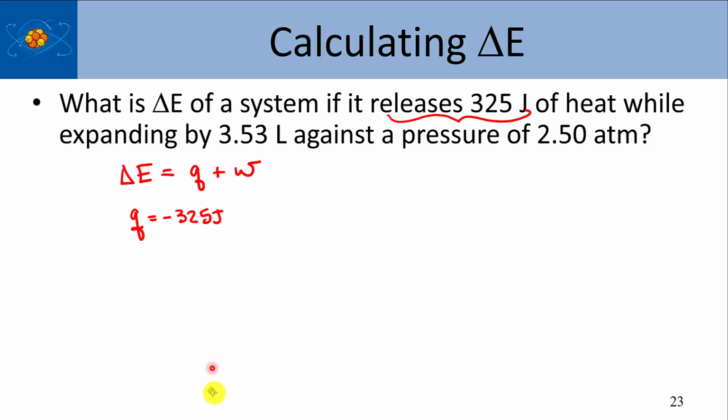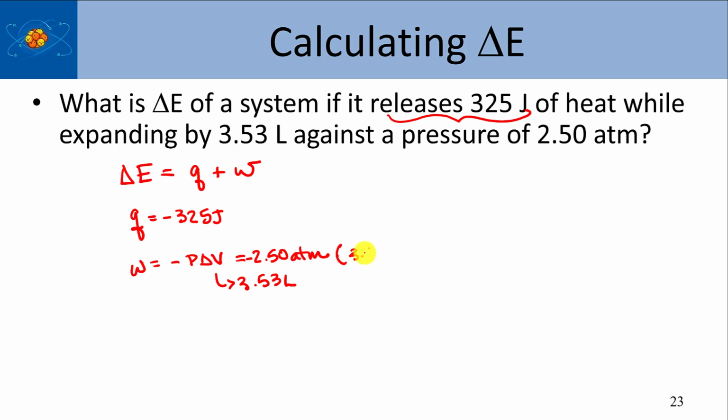Now, when it says it's expanding, W is equal to negative P delta V. So I'm going to have 2.50 atmospheres, negative, times an expansion, which is a positive delta V. So my delta V is 3.53 liters.